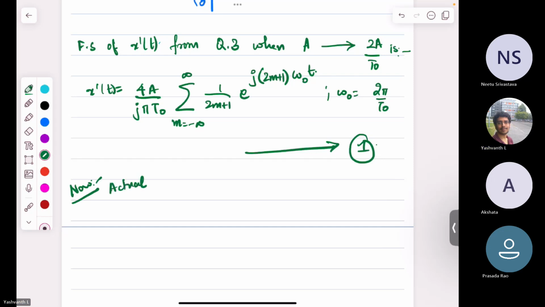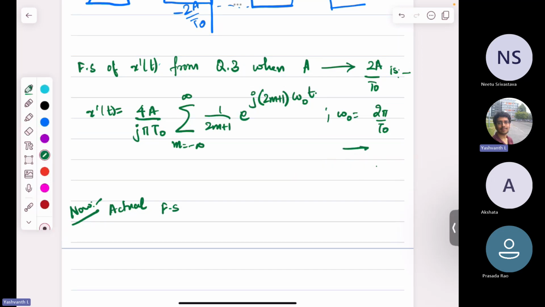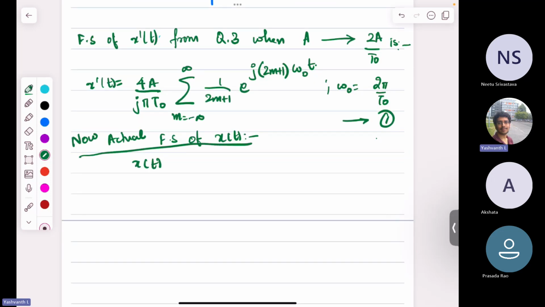Now the actual Fourier series of x of t, that is the actual signal for which I want to compute the Fourier series. Let that be given by x of t equal to summation k equals minus infinity to plus infinity ck e power jk omega naught t, where omega naught is the same as 2 pi by T naught.